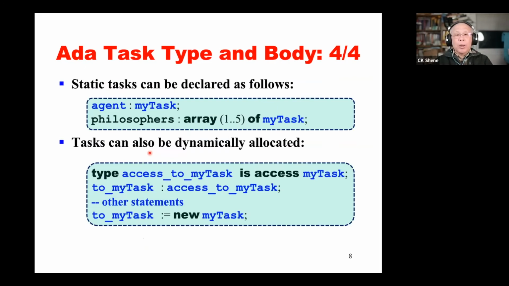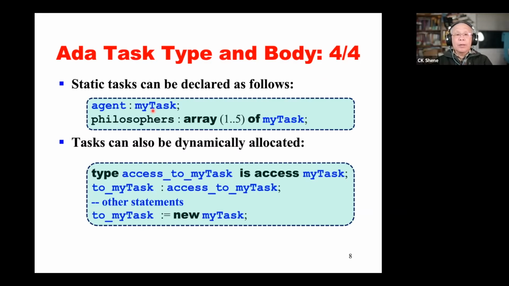Now, we have learned how to define a type called a task. We could use that type to create other named tasks. Here is an example. Suppose I have already defined a task type and task body for my task.